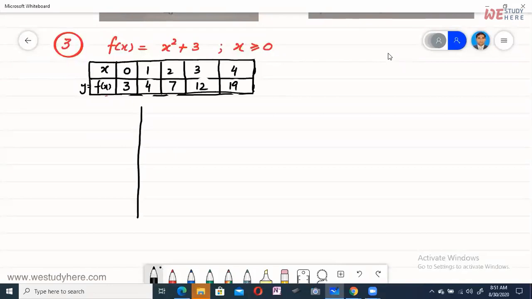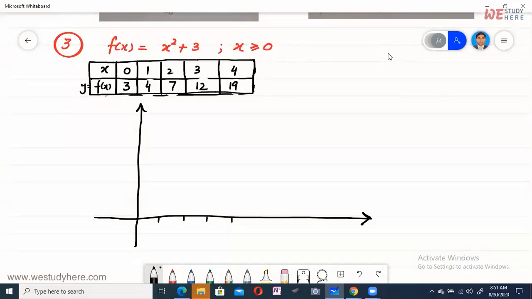Then graph will be like this. This is xy plane. Along x-axis 1, 2, 3, 4, 5. Along y-axis is 1, 2, 3, 4, 5, 6, 7, like that.